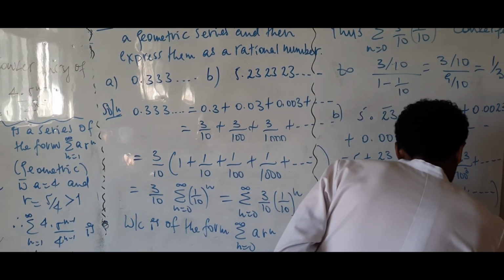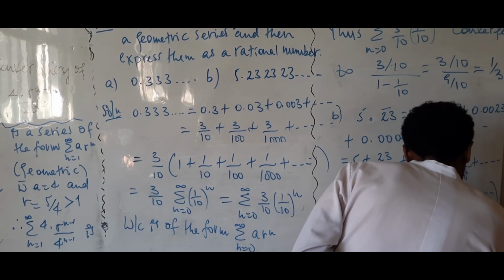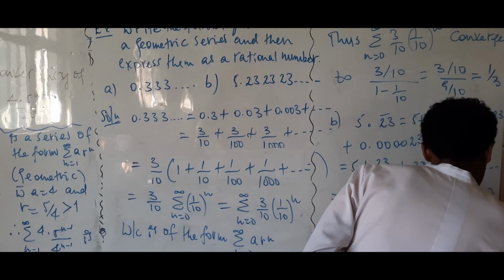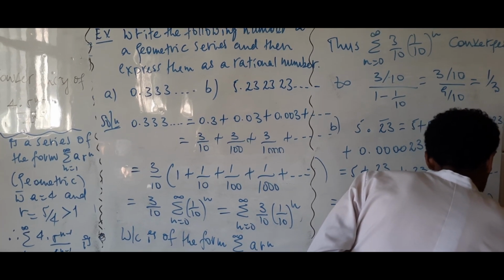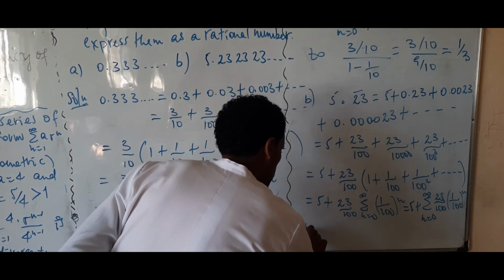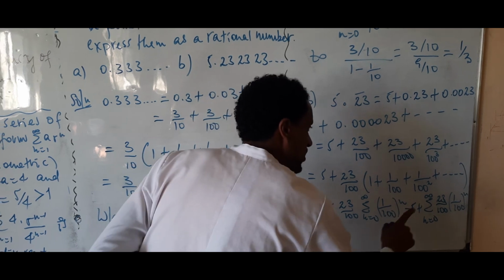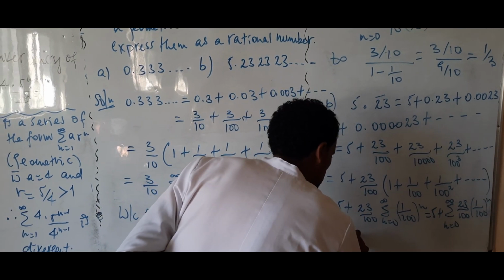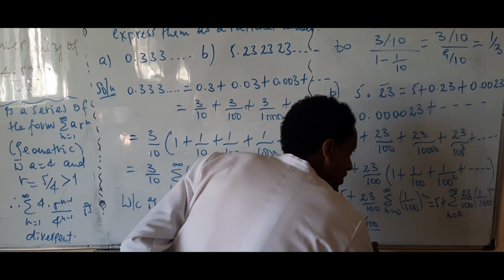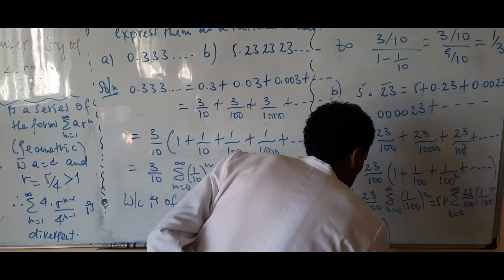That's equal to 5 plus the sum n start from 0 to infinity of 23 over 100 times 1 over 100 to the power of n, which is 5 plus 23 over 100 over 1 minus 1 over 100.